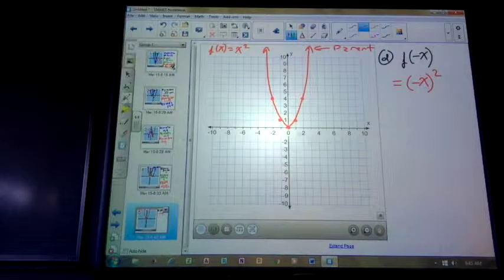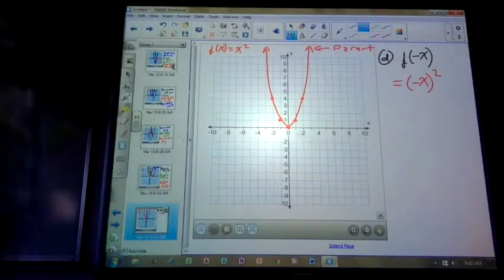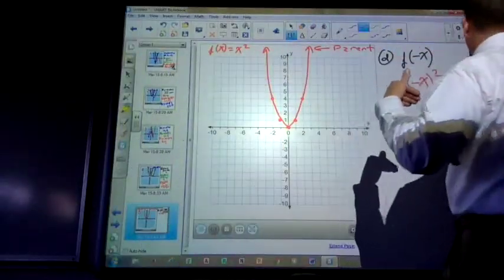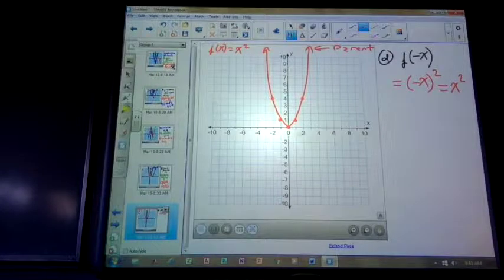What is negative x squared the same thing as? X squared. Well, that's dumb. That means on this particular problem, it worked out. But what if our parent function wasn't? So our parent function and f at negative x are going to be the same thing.